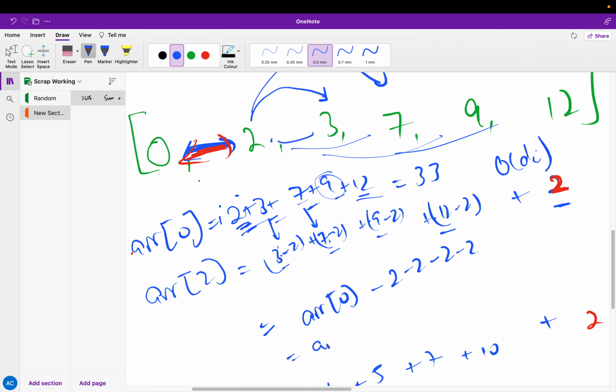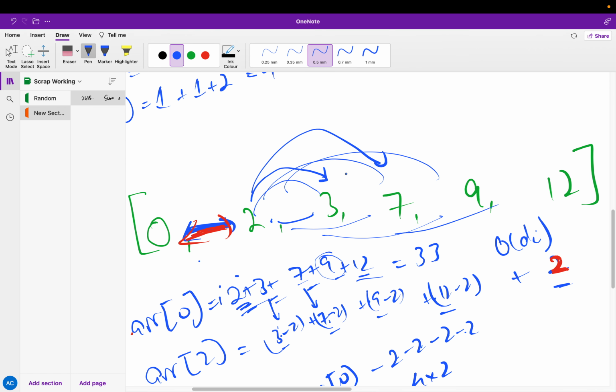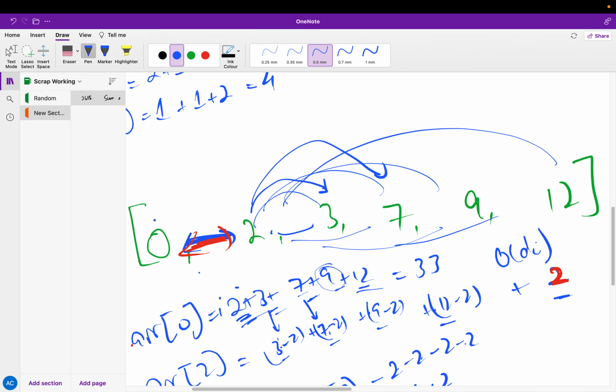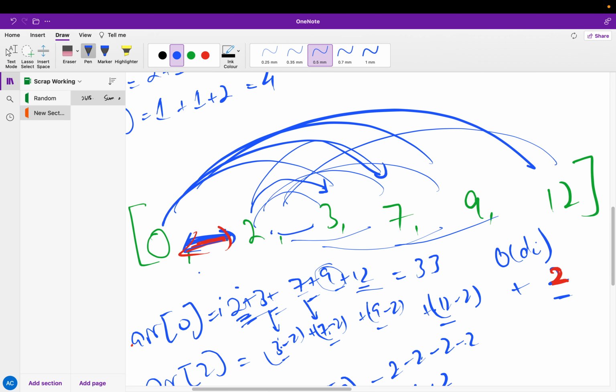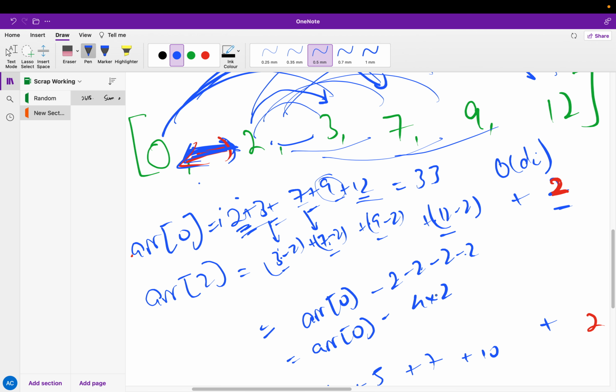So it's array at 0 minus 4 lots of 2, because you had 4 things to jump to ahead of you. That's the same as going 1, 2, 3, 4, without having to do this extra jump of 2, so you subtract 2 off each time.